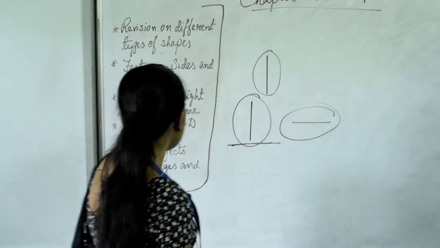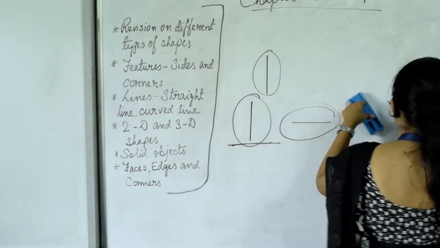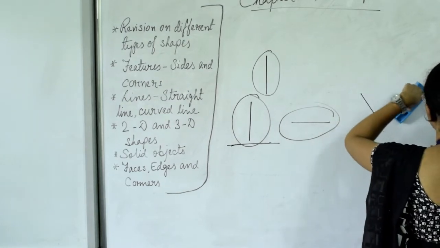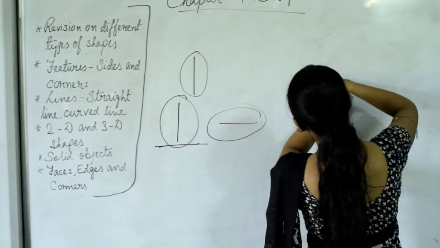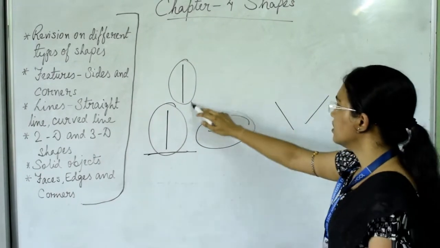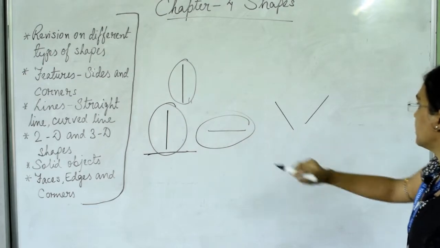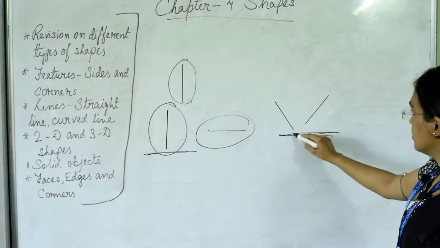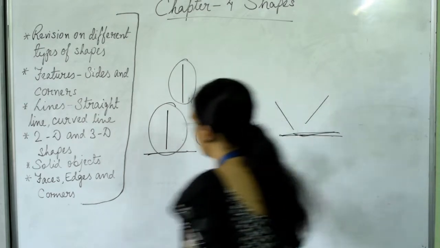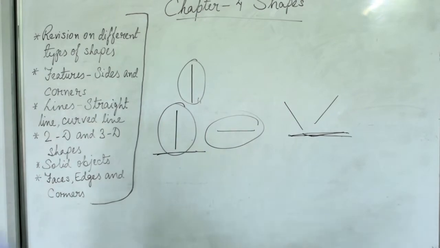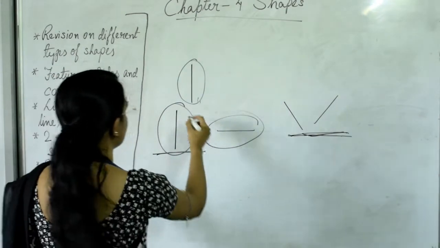Now if you draw like this, this is a slipping line. Okay, this is a standing line, this is a sleeping line, and this is a slanting line. This is a slanting line. So vertical line means standing line.